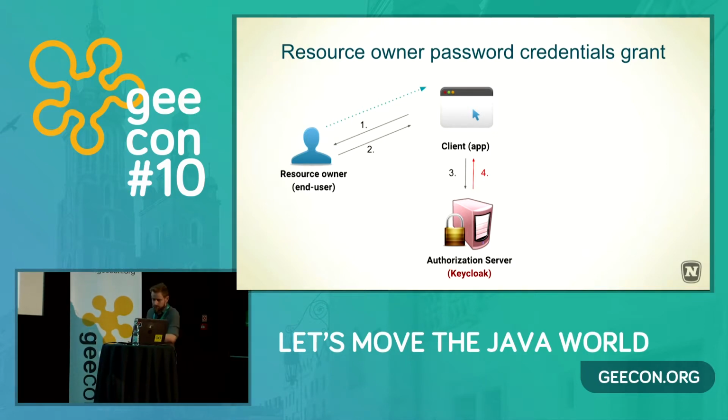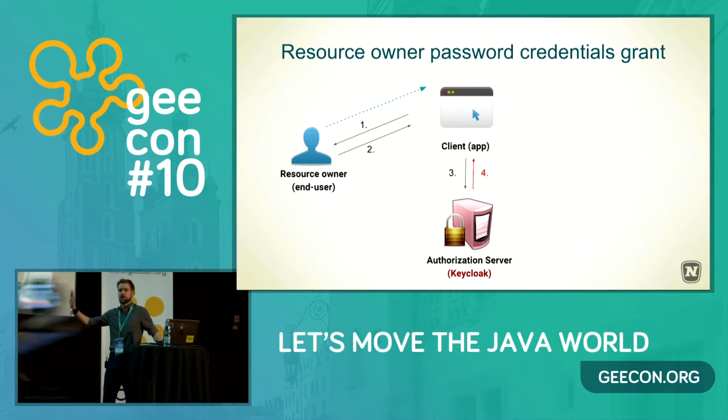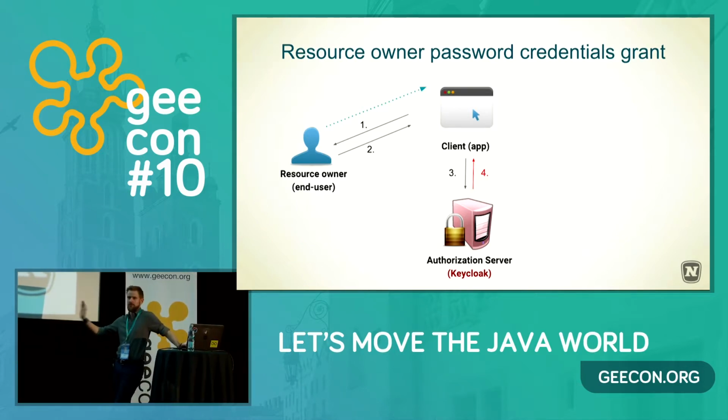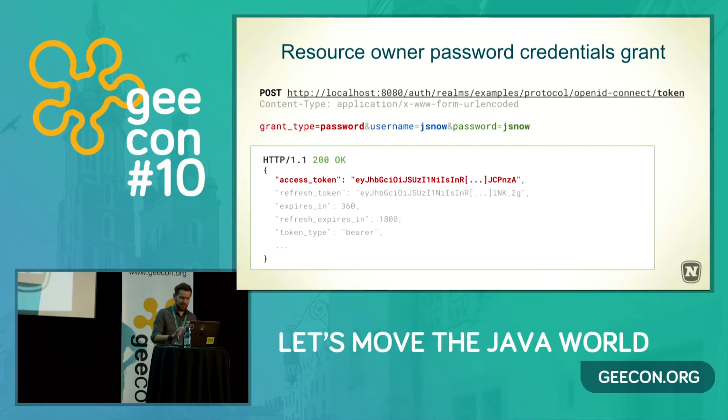So once again, resource owner password credentials flow is what we typically did to begin with. We're presenting a form, we're doing the authentication, username and password. Instead of doing it in the app, we're exchanging it in the authorization server for an access token. And in stage number 4, we've got an access token.